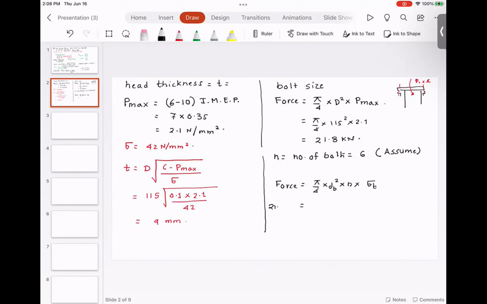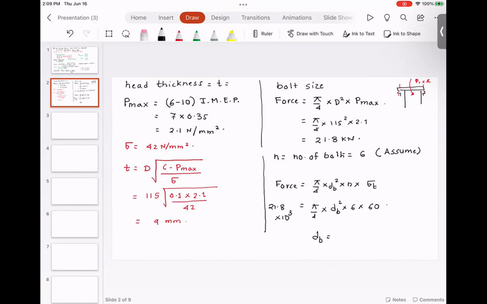That is 21.8 times 10 to the power 3 equals pi by 4 dB square times 6 multiplied by 60. You can solve this equation, and that will give you the diameter of bolts. The number of bolts is just assumed based on the size, like the table that's given for us. So if you look at the diameter, it is 115.